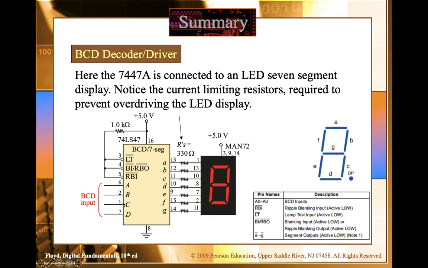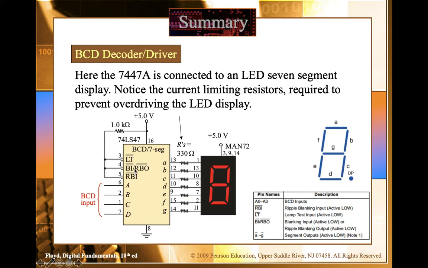If it's all zeros, then accordingly a zero pattern will be generated, and for that A, F, E, D, C, and B, these segments will light up. So this is the job of the IC, to translate it into the relevant pattern on these output lines.